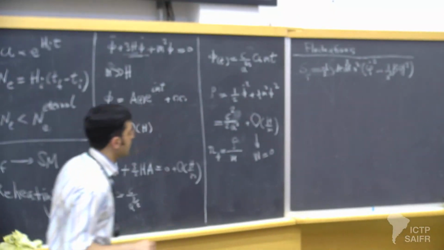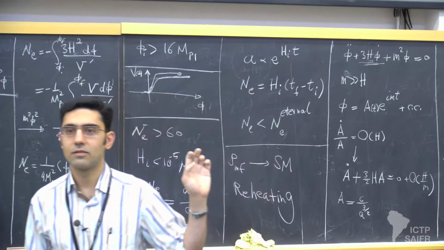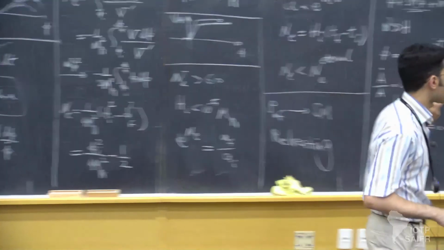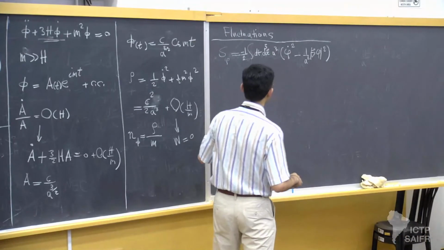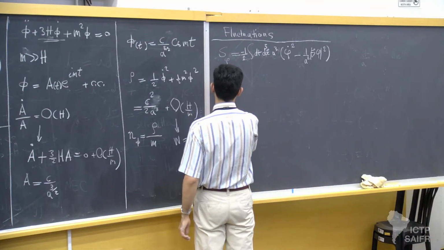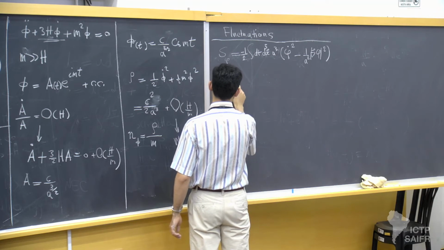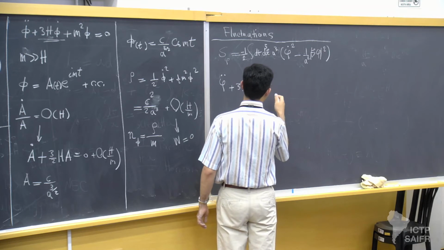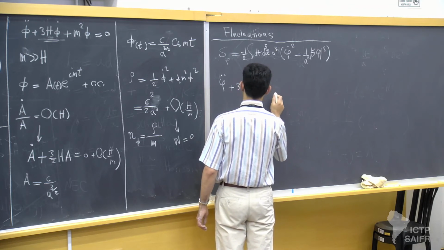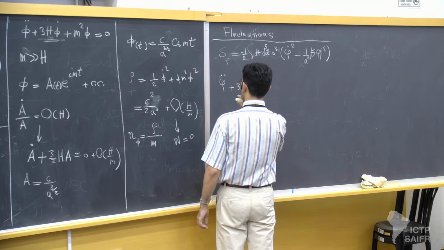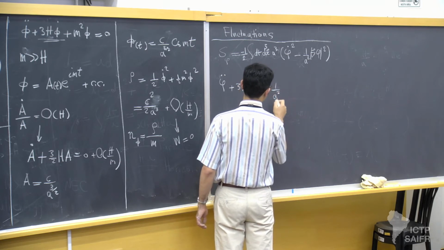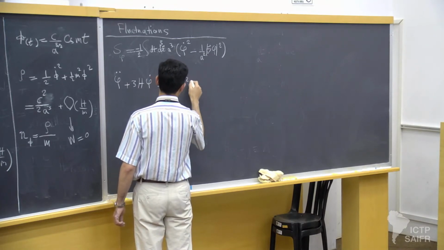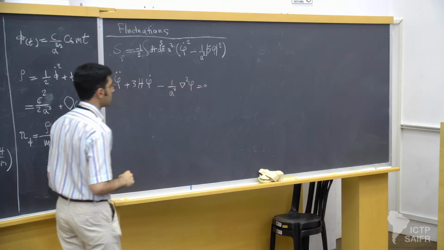And I'm also assuming, just for simplicity, that we are spatially flat, so k is equal to 0. This is the action for the scalar field. The equation of motion is phi double dot plus this part as before. Now I will get this additional piece that gives me 1 over a squared times Laplacian of phi is equal to 0.